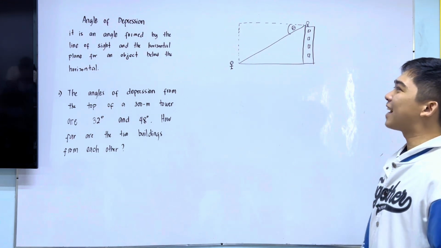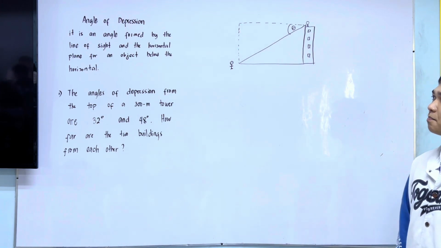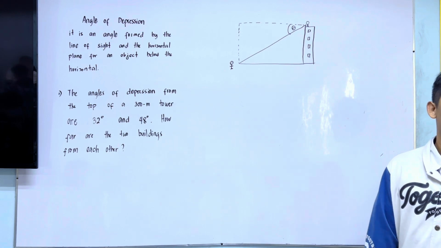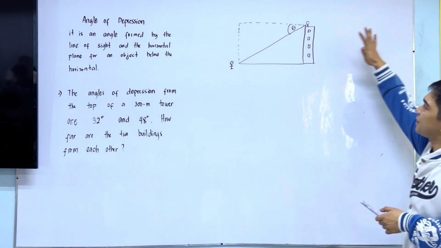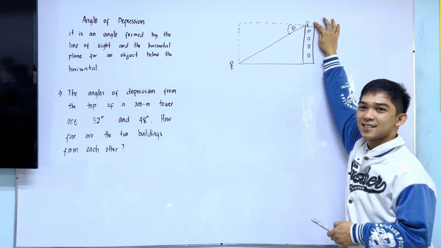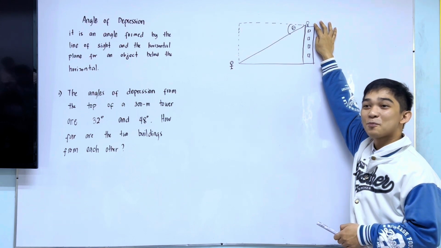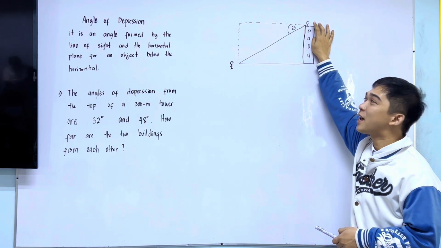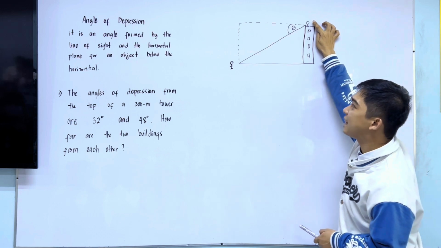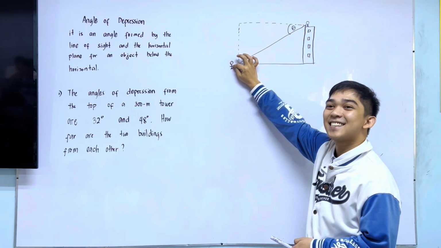This is an angle formed by the line of sight and the horizontal plane for an object below the horizontal. So, para mas maintindihan natin, illustrate natin. So, let's say yung object natin nasa taas. Si Pudaw nasa taas ng building. Tapos may tinitignan siya dito. Si Caitlyn.